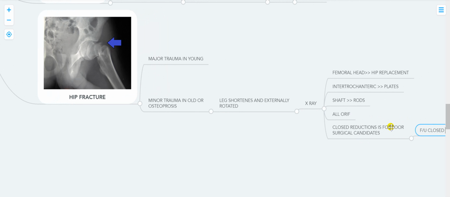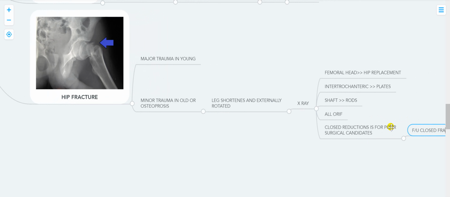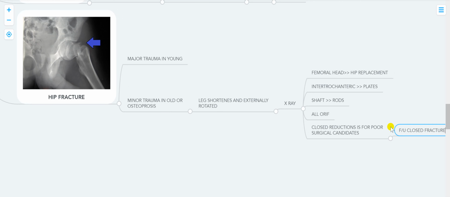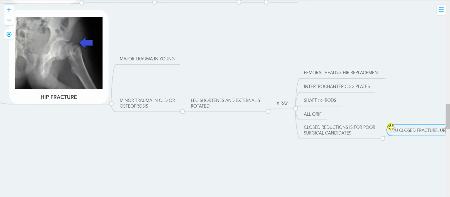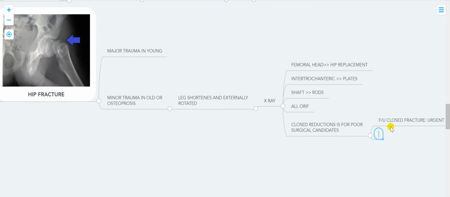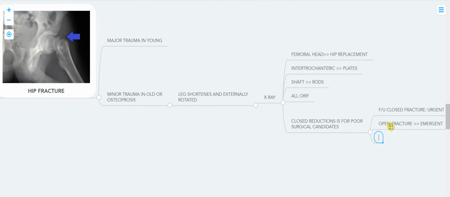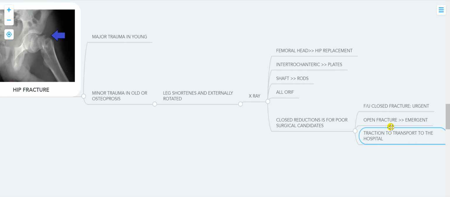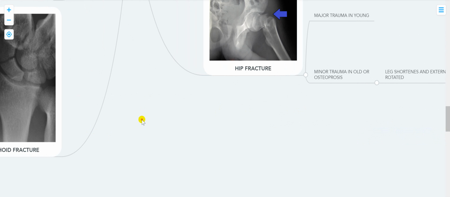Closed fracture, we do urgent. But if it's an open fracture, this is emergent, and we can do traction to transport to the hospital. So this is basically the hip fracture.